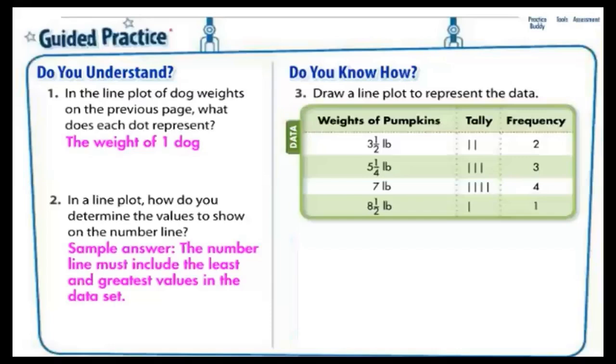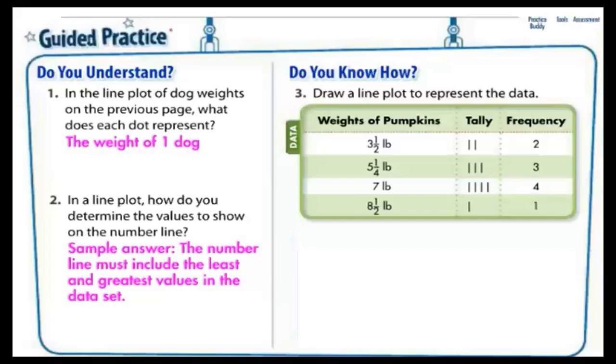He asked you to draw a line plot to represent the following data. Sure, the table is a way to help you arrange the data and represent all the requirements in this question. So this table will help me with drawing.